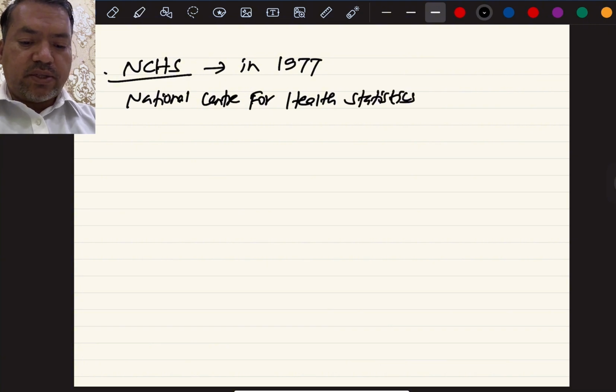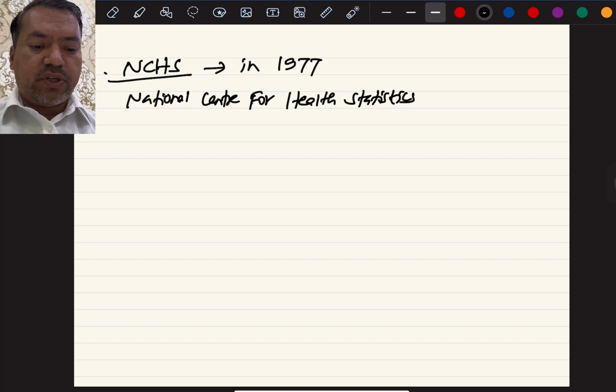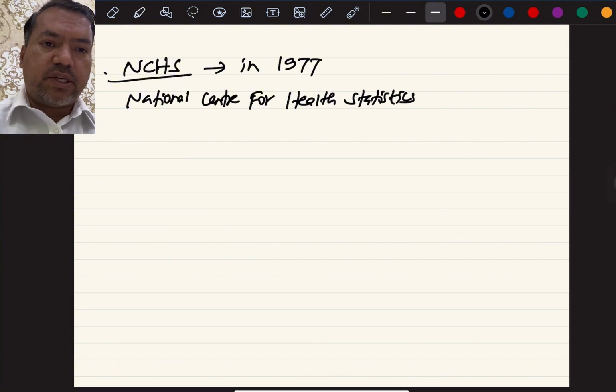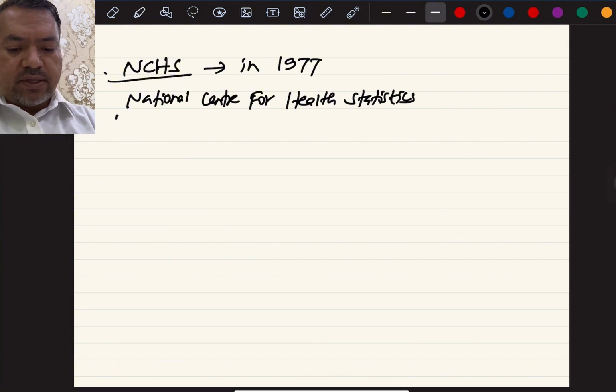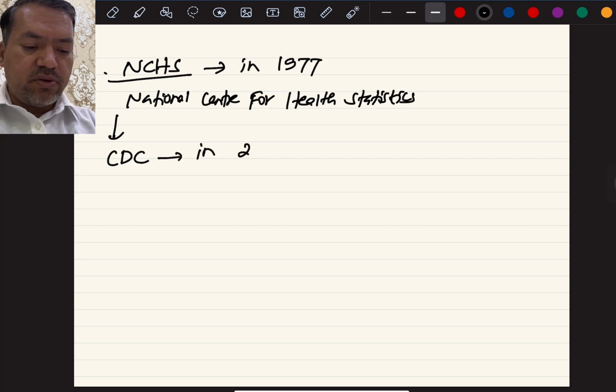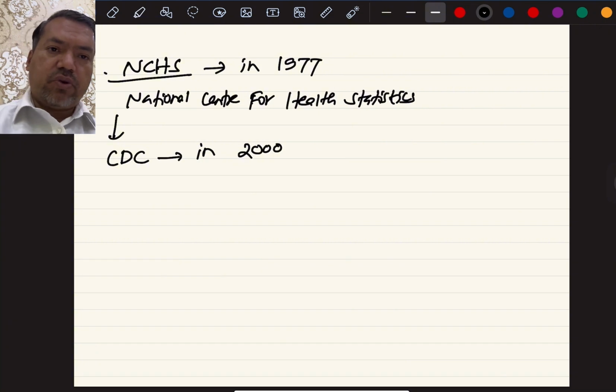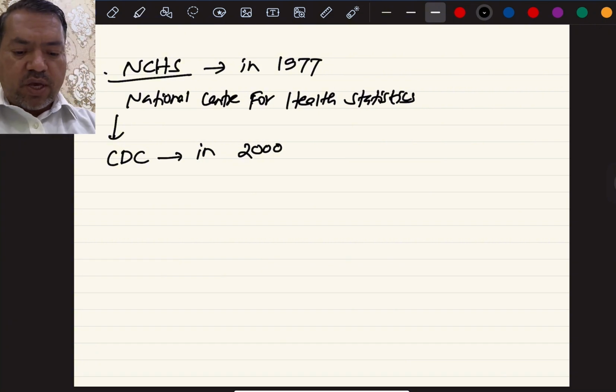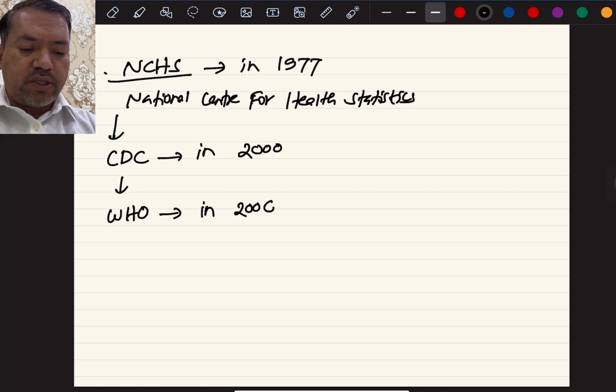Okay, this is the institution of United States, and this institute develops a growth chart for the first time in 1977, and after that, okay, Center for Disease Control, CDC, revised it in 2000. Okay, in 2000, and we followed this for quite a period of time, and then ultimately World Health Organization or WHO revised this again in 2006.